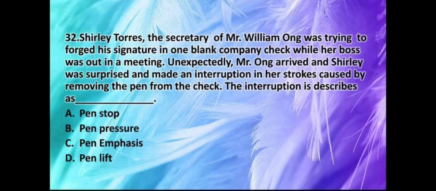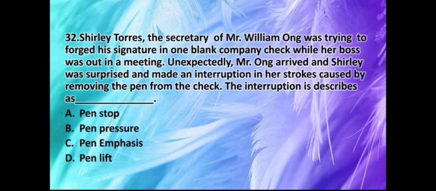So the number 32. Shirley Torres, the secretary of Mr. William Ong, was trying to forge a signature in a blank company check while her boss was out in a meeting. Unexpectedly, Mr. Ong arrived, and Shirley was surprised and made an interruption in her stroke caused by removing the pen from the check.